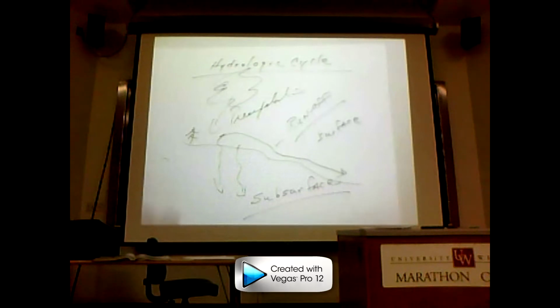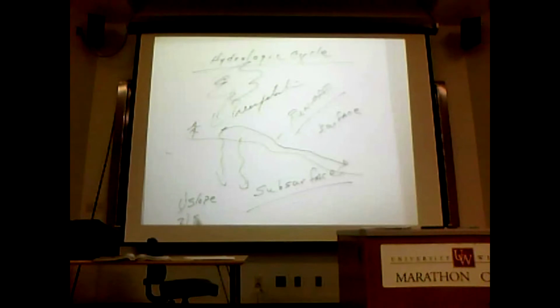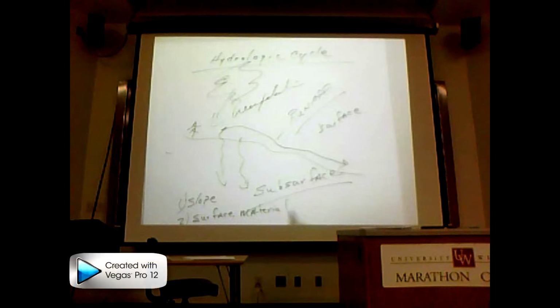The factors that determine how much goes where are such things as slope. The steeper the slope, the greater the runoff, obviously. Surface materials. The more bedrock we have, the more runoff.